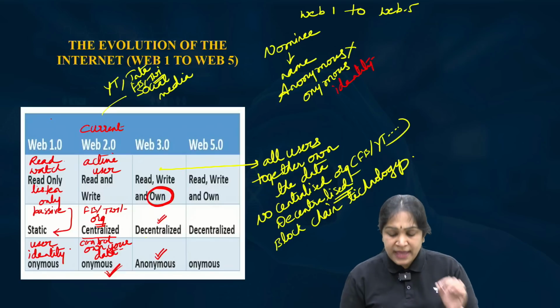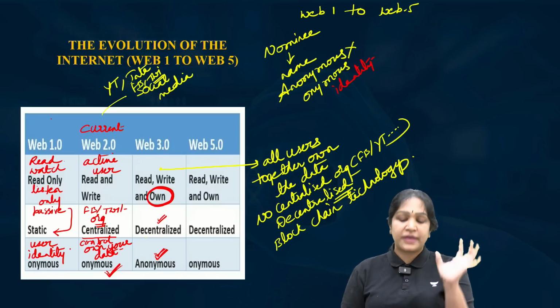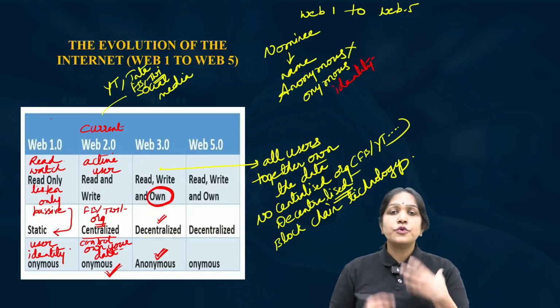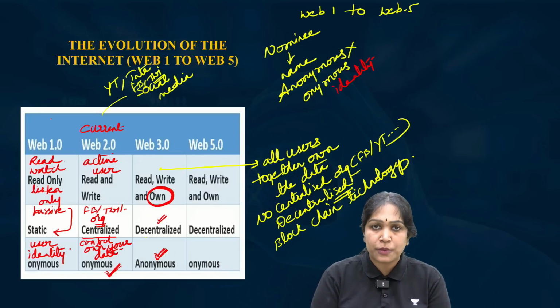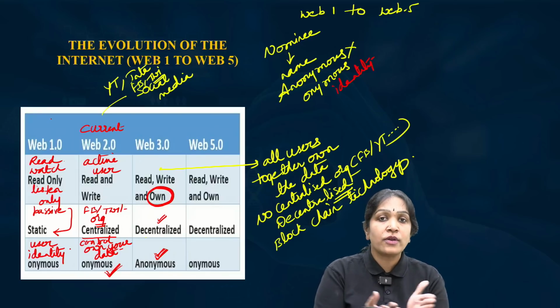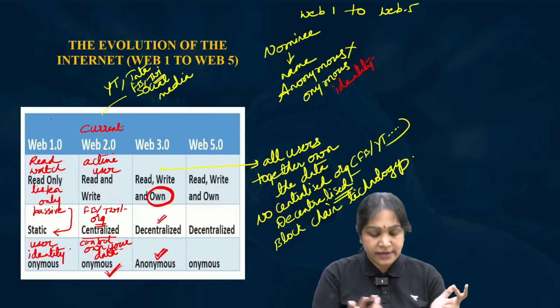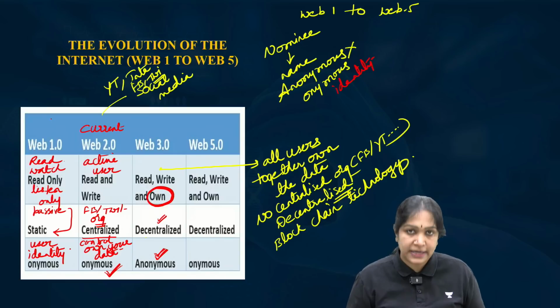So being anonymous is the biggest disadvantage of Web 3. In future, if you upload a video, the only purpose is your identity. If you cannot get identity, it is meaningless. So that is the biggest disadvantage in Web 3.